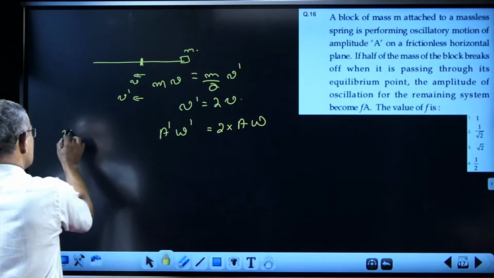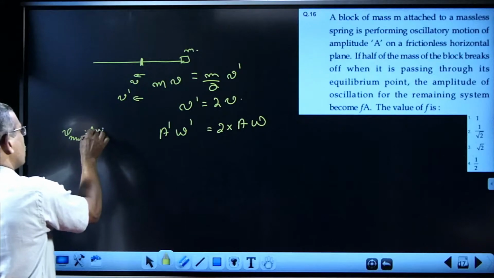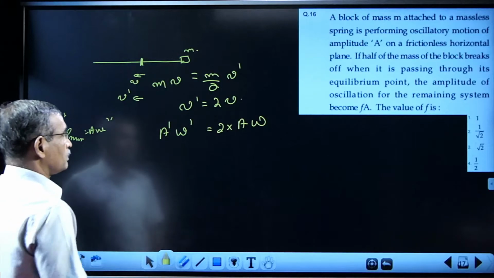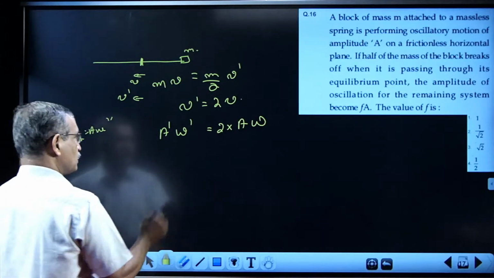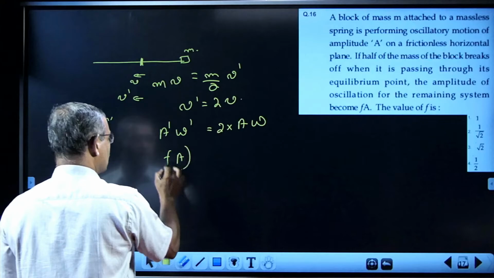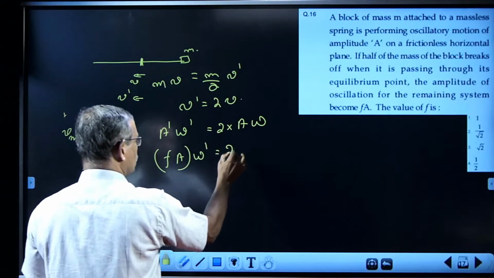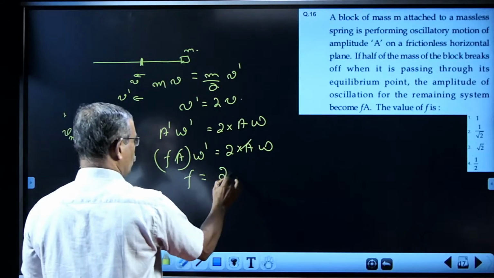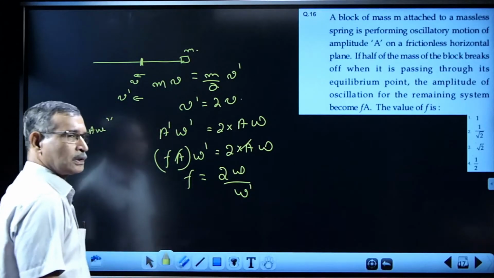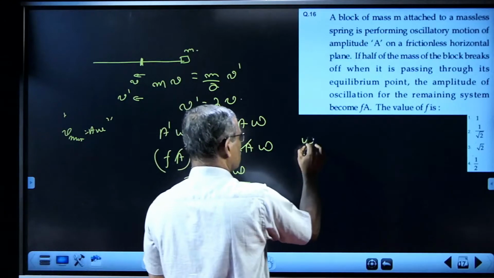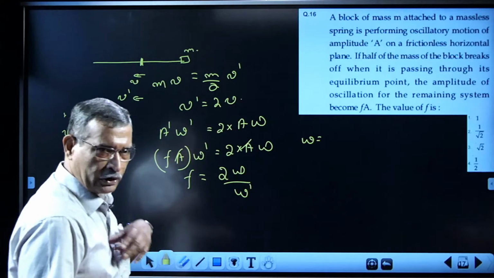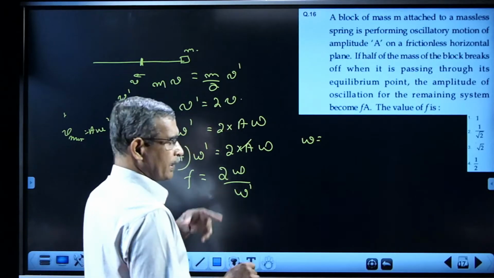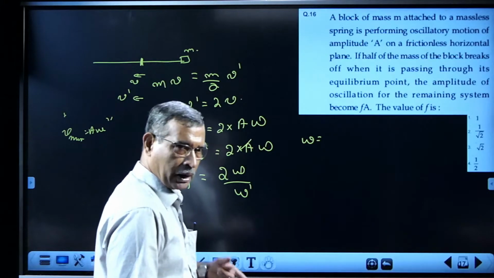Because V max is equal to A omega. This is our basic formula. A dash is equal to F A. So F A into omega dash is equal to 2 into A omega, and A cancels out. Therefore, F is equal to 2 omega by omega dash. Now, what is the formula for omega for an oscillating system? Omega is given by root of k by m.